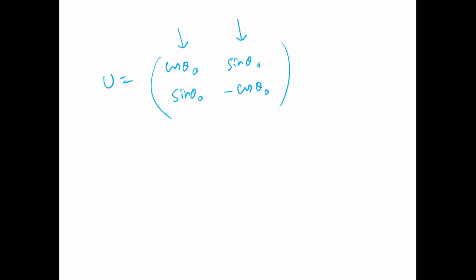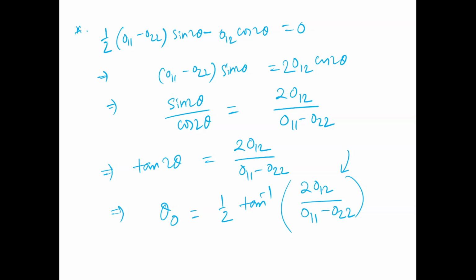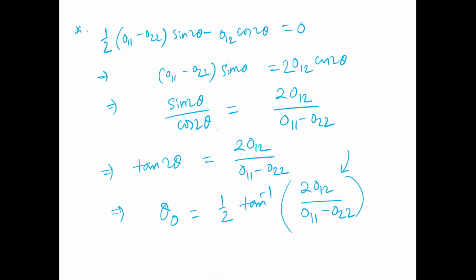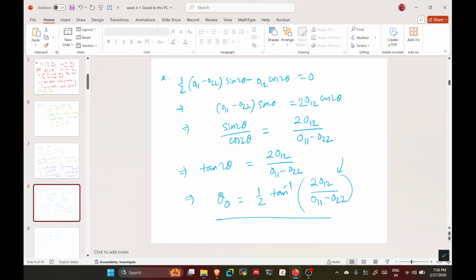And so now my omega 1 and omega 2. There is nothing actually. You have to just put theta equal to theta 0, and you will get omega 1 and omega 2. Now if you remember in the very previous class of ours, remember this form, theta 0 is equal to half tan inverse of 2 O12 over O11 minus O22, right?